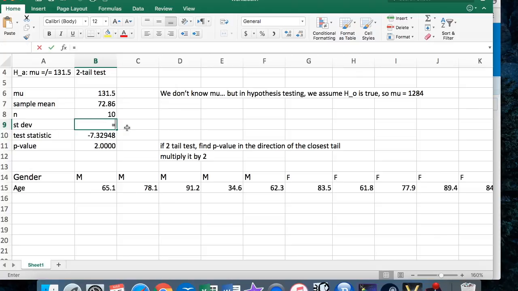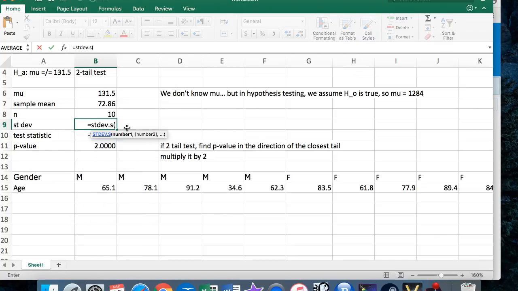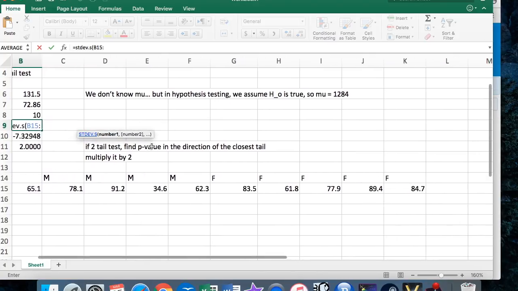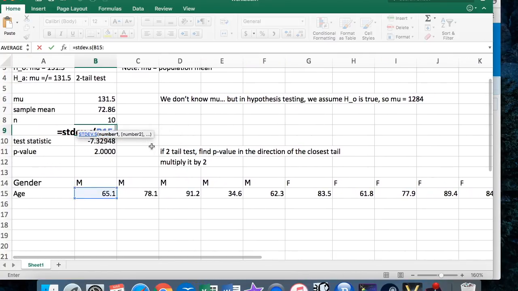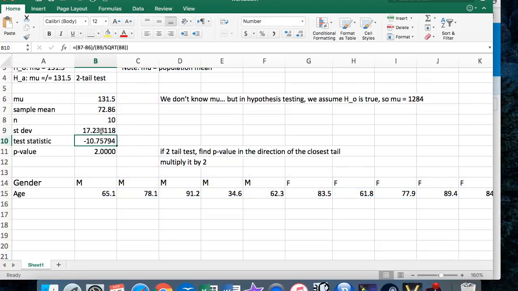Then my standard deviation is the same thing, STDEV.S, over B2 to K15. Okay, so there's my standard deviation and everything.